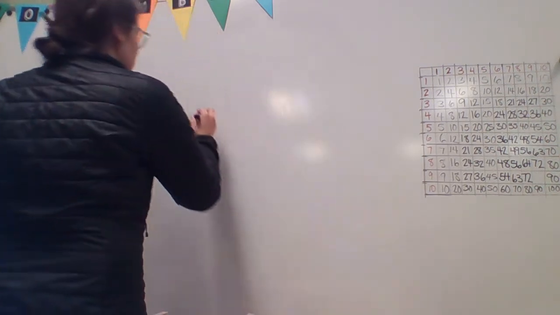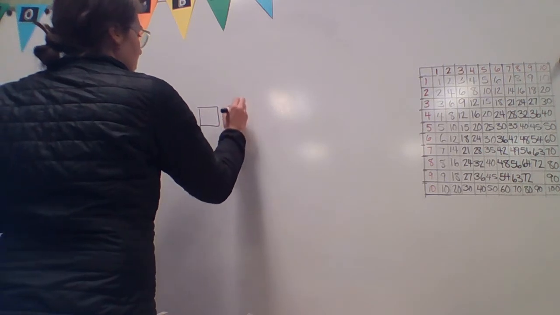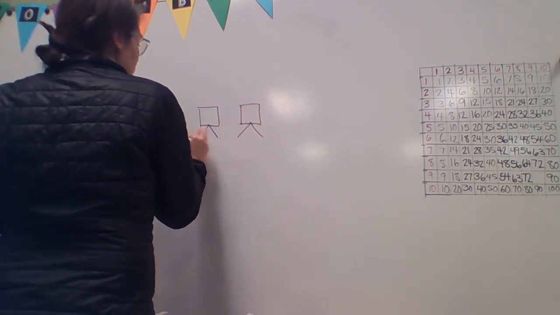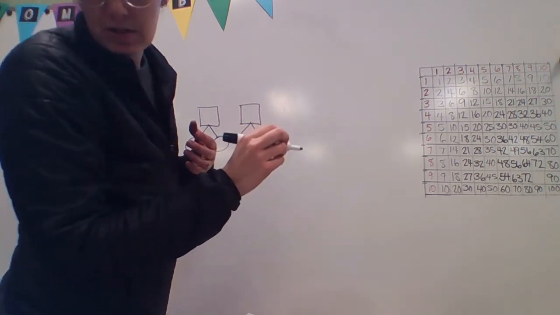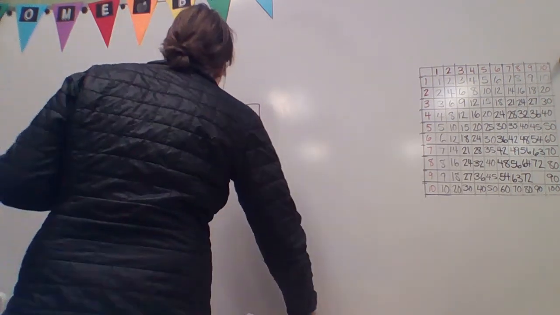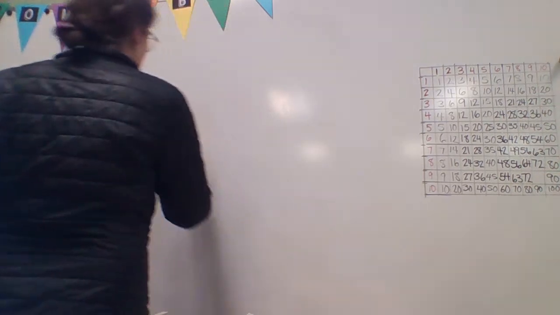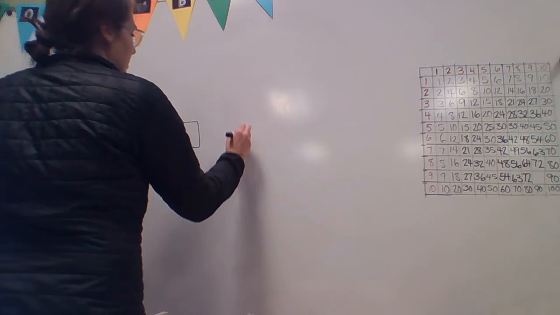Let's try this again. 2 boxes. Each box has 8 bunches. Darn it! This is not going to work out for my picture. 2 boxes.